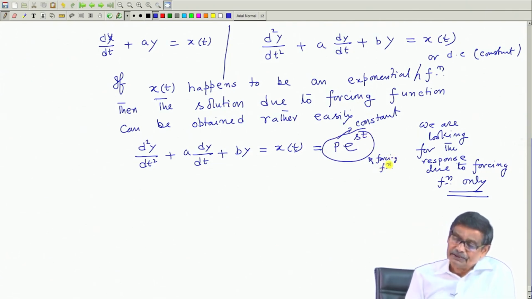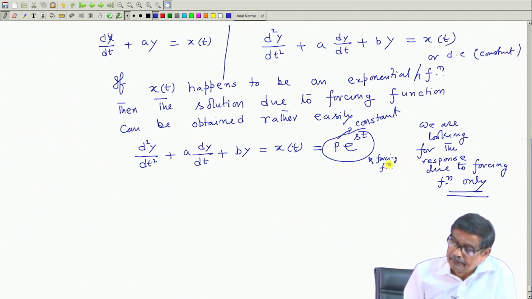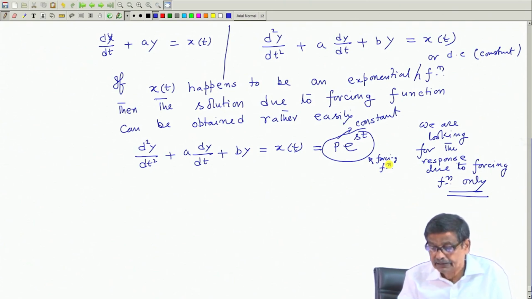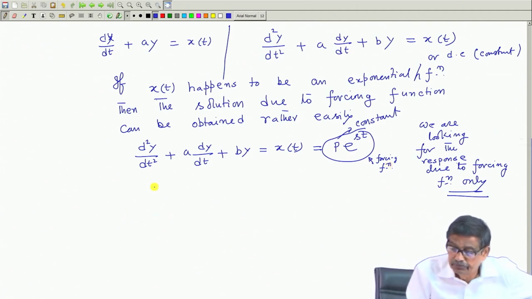Now you see, look at the left hand side and the right hand side, and the forcing function alone will satisfy the differential equation, and I am looking for the solution. Now, the question is, what should be the nature of this solution?